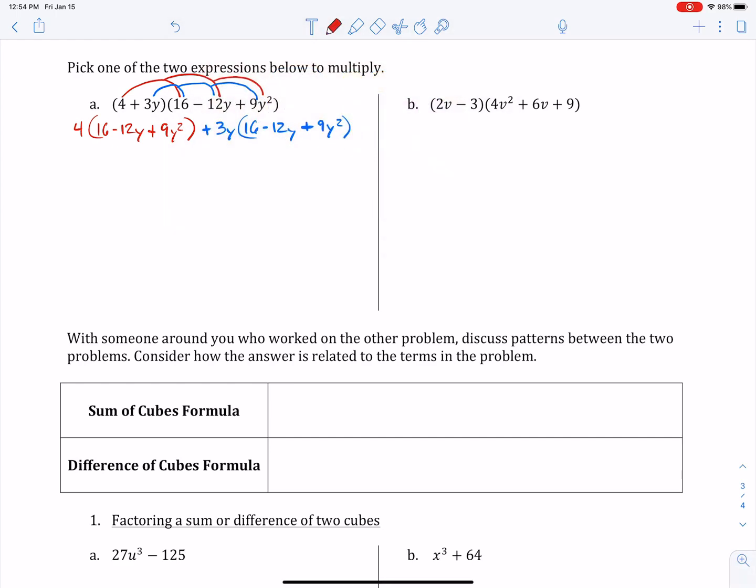So here, 4 times 16, that's 64. 4 times negative 12y is negative 48y.